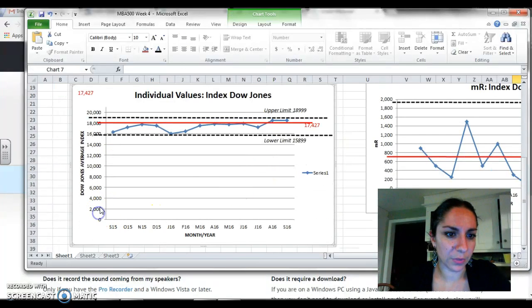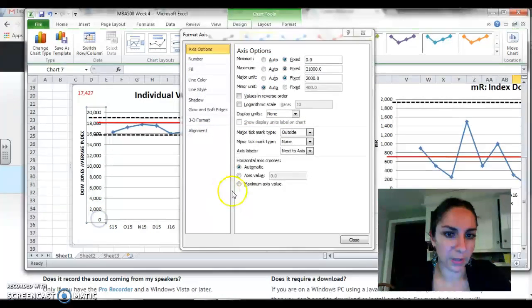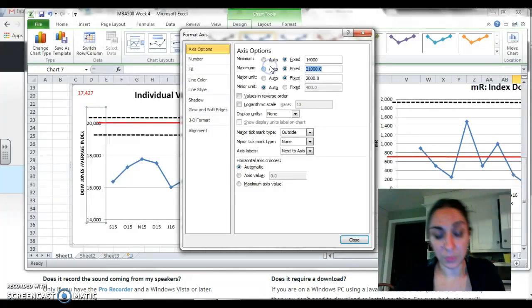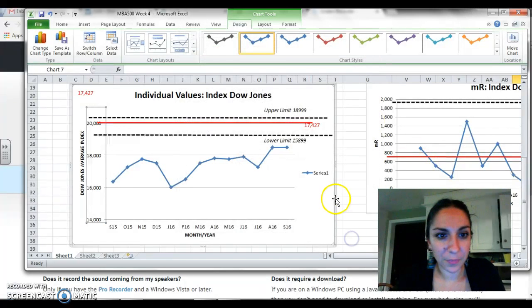Even if I play with some of these scalings, I can format this axis here. Why don't we, just for fun, because it's fun to do this, right? 1400. No idea if this is going to be accepted, but you never know. You just try. Okay, here we go.